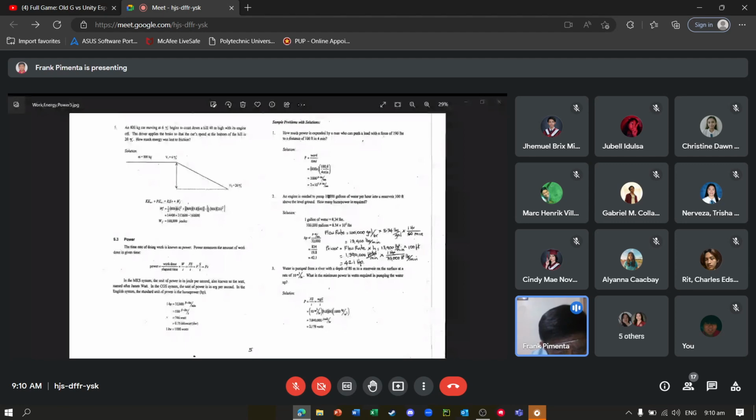Dividing this by 60, it becomes 550 foot-pounds per second. 1 horsepower is also equivalent to 746 watts or 0.75 kilowatt, because 1 kilowatt is 1,000 watts. So these are the conversion formulas.